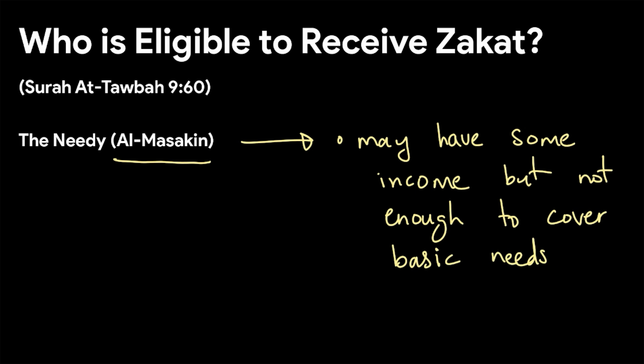So for example, someone that has a low paying job who cannot afford rent, medical expenses, or proper food for their family, they would qualify for zakat under this category. So even if you have an income but it's low and you can't cover basic needs, you fall into this category.